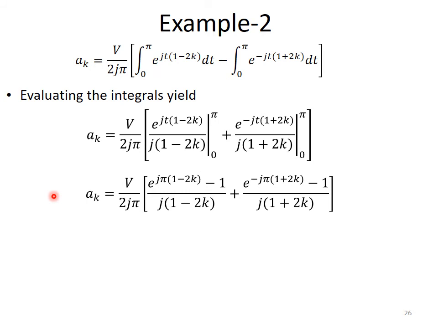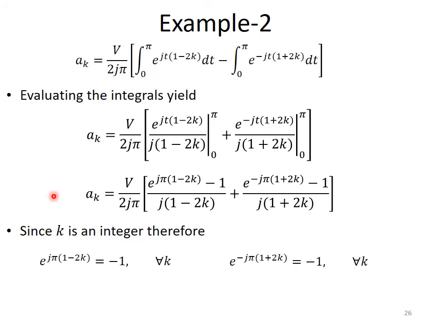Now this function e power j pi into (1 minus 2k), since k is integer, its value will always be minus 1. For example, if we substitute k equal to 0, we get e power j pi, right? So e power j pi is equal to cos pi plus j sin pi, right?